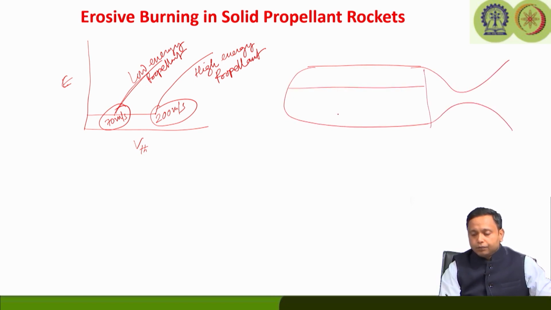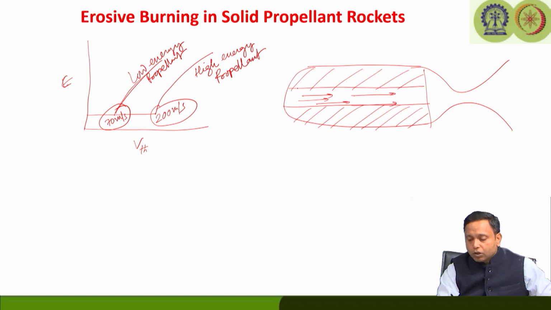If this is the propellant grain, due to erosive burning the high velocity gas flowing on the propellant surface causes erosion, and if you look carefully, the downstream part of the propellant grain is going to reach the casing earlier than the upstream section.